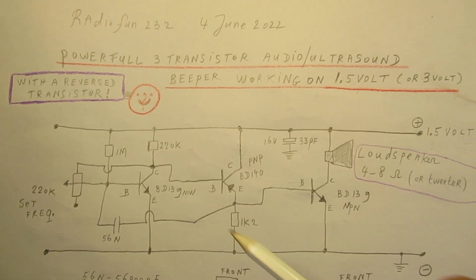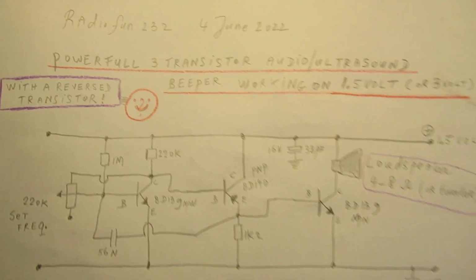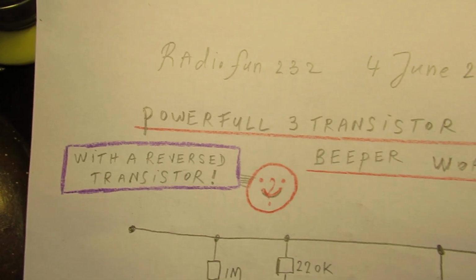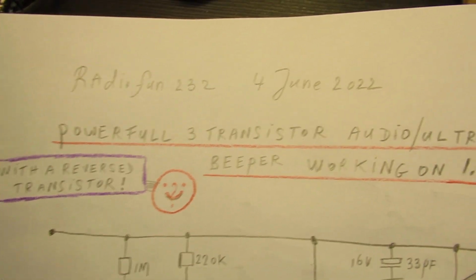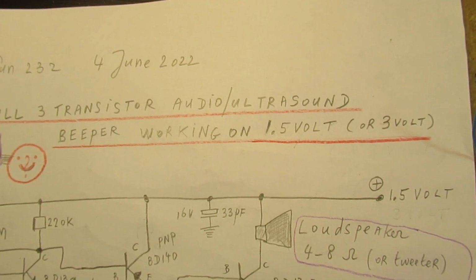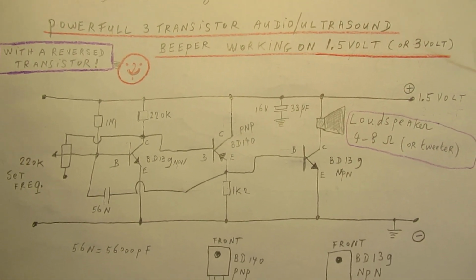But I tested it over and over and it worked, etc, etc. So I want to publish the circuit as it is, and I'm also very interested in all kinds of experimental results.